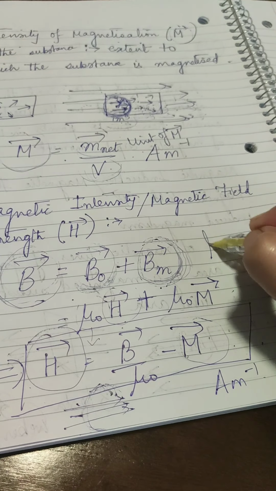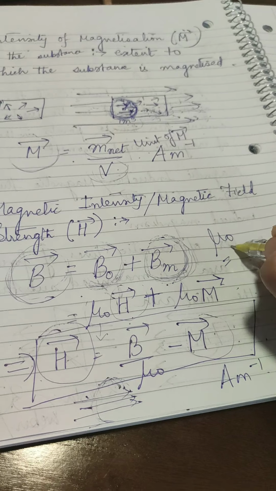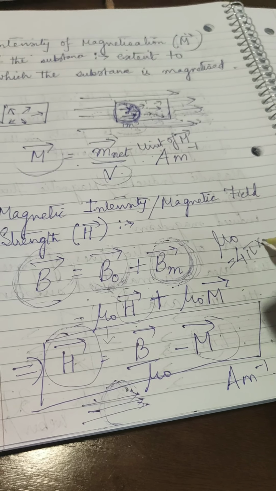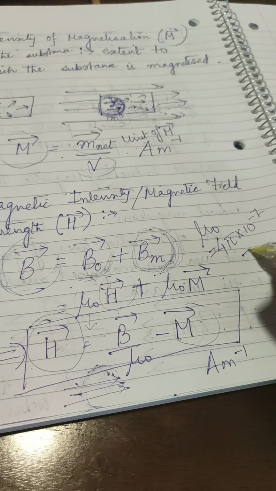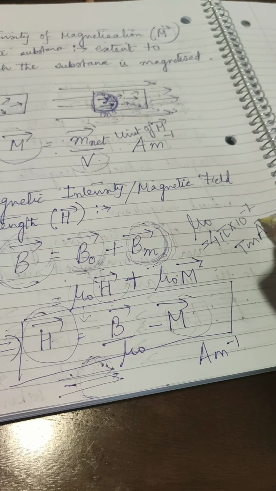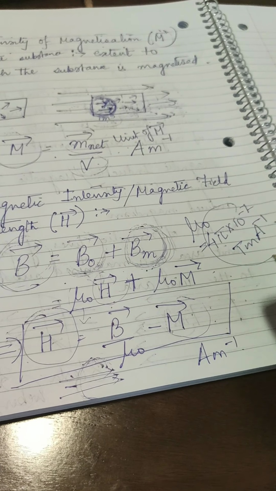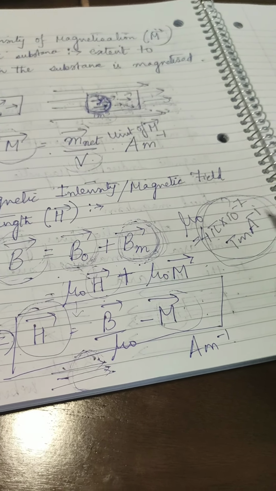Mu naught, the permeability of free space, has a value of 4 pi into 10 to the power minus 7 Tesla meter per ampere.